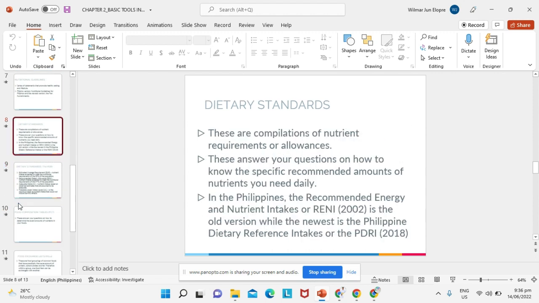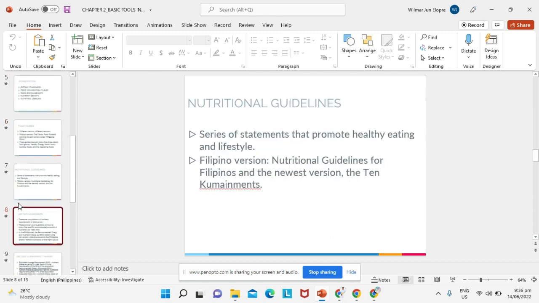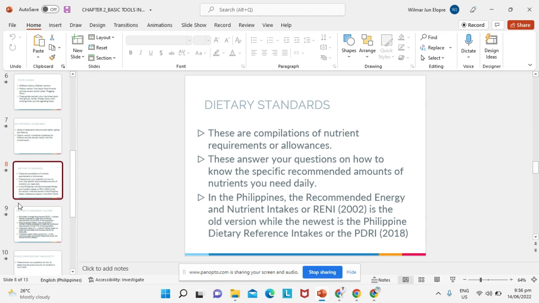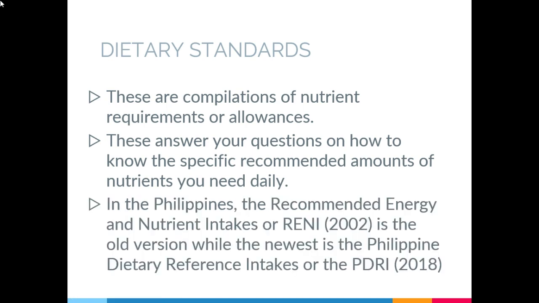Next, okay, so mauna to ato ang mga qualitative tools. What about quantitative tools? So magsugod ta sa dietary standards. So the dietary standards are compilations of nutrient requirements or allowances. So these answer your specific questions on how to know the specific recommended amounts of nutrients you need daily.